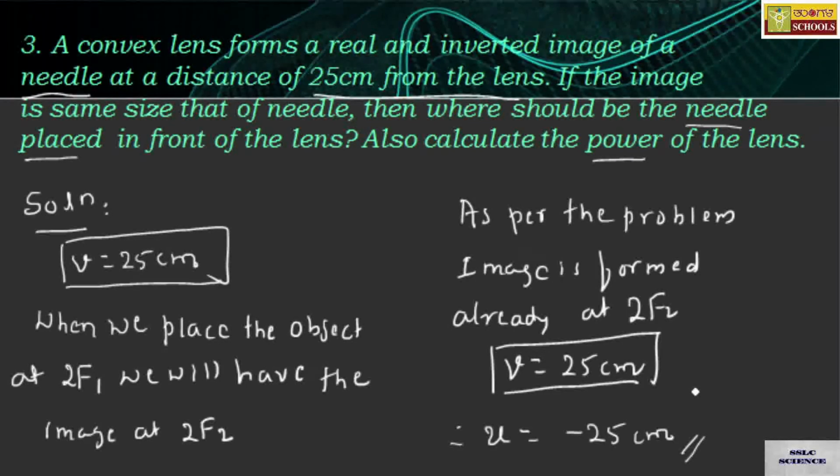So the object is kept at 25 centimeter from the lens. The minus sign indicates that it is on the left hand side of the lens. Our next step is to get the power of the lens. To get the power of the lens, we need to calculate the focal length of the lens.